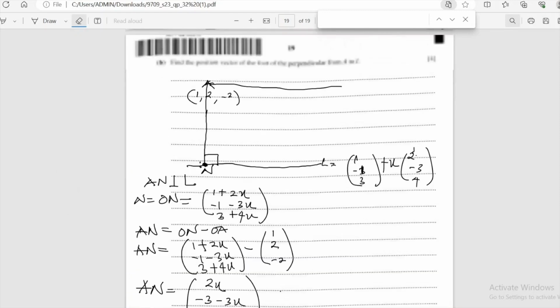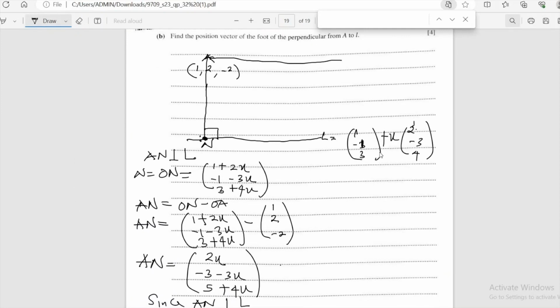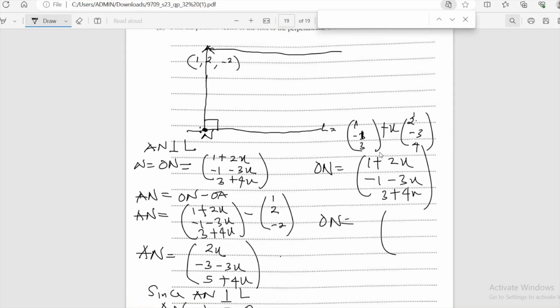So from here, ON, which is the foot of the perpendicular, which is 1 plus 2 mu, minus 1 minus 3 mu, 3 plus 4 mu, becomes, with mu equal to minus 1, minus 1 here, minus 1 plus 3, that will be 2, and 3 minus 4, that will be minus 1.